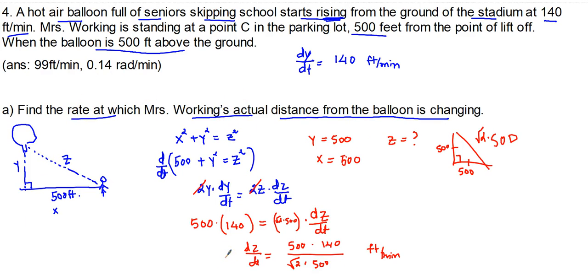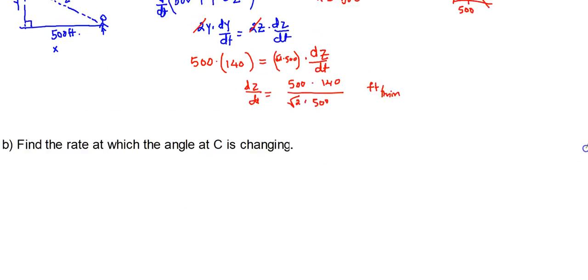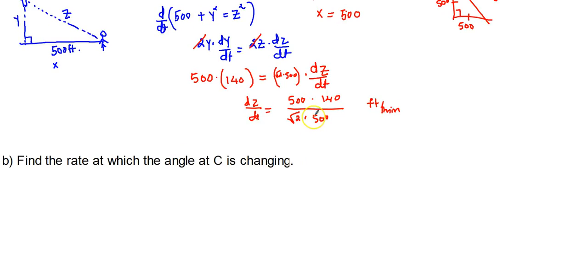We are looking at the rate of change of z. Remember, you are allowed to leave your answer like this. You don't have to simplify. It is an open-ended question. Yeah, we love to cancel those 500s. So that's an easy way, but you don't have to. And if you are using a calculator, make sure you are using appropriate parentheses.